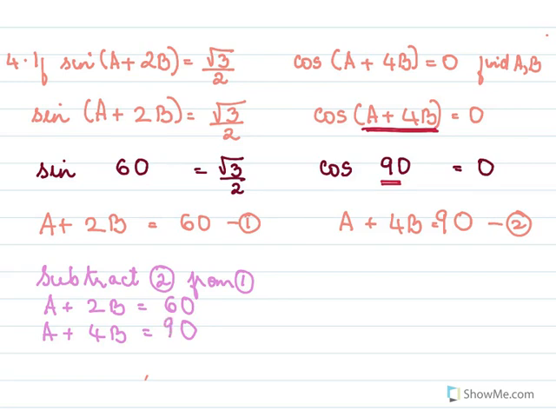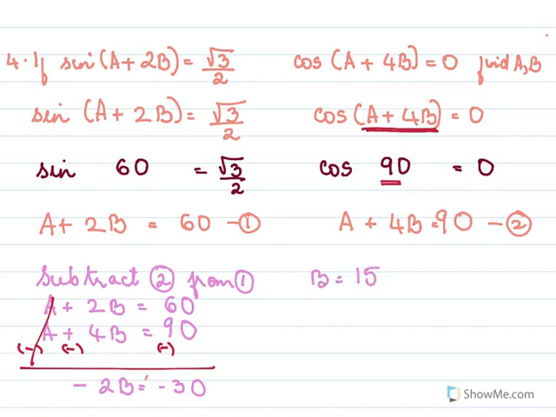So here I have 90. I change the signs. This cancels out. So minus 2b equal to minus 30, your b will be 15.